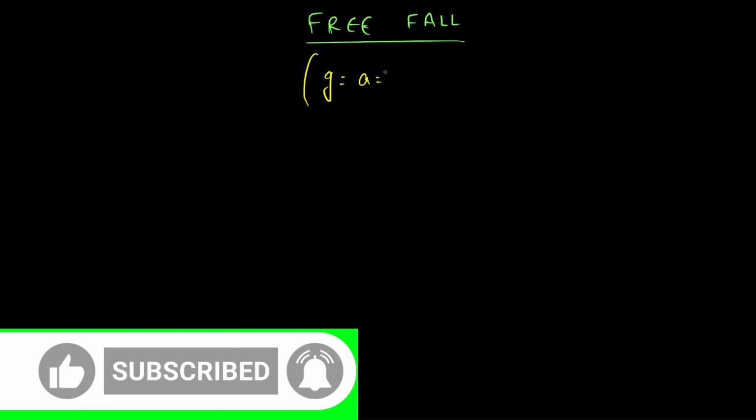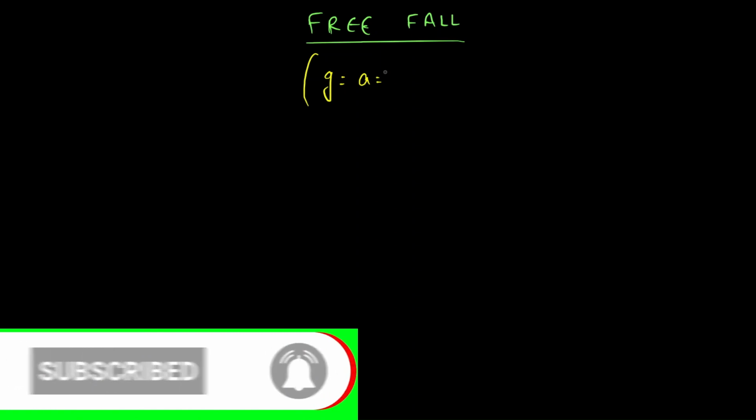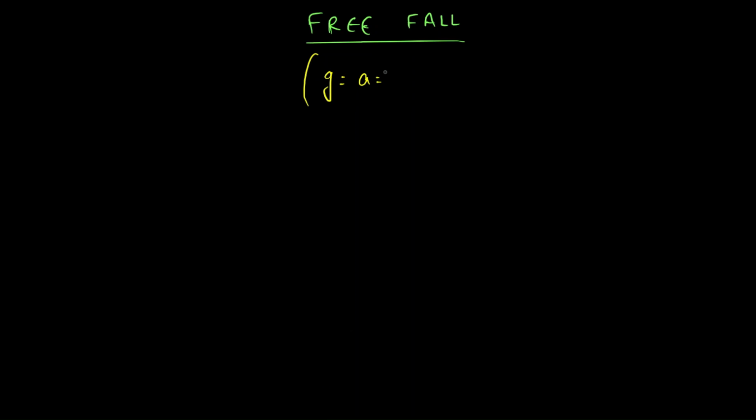That's correct. But we are talking about the motion in a broad perspective. If you're thinking that we have applied some force on it, remember that force is only for a fraction of a second. Let's say you are throwing a javelin, for example.